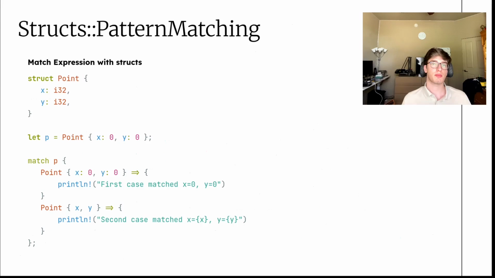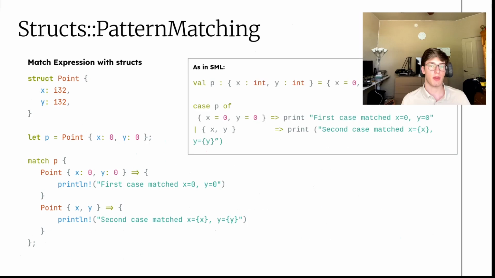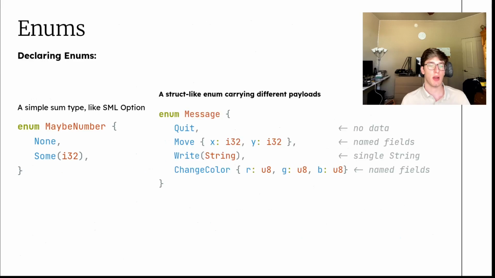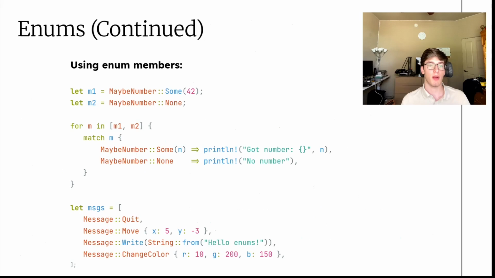So structs also have pattern matching, as you can see here, which is pretty cool. One of the biggest powers of Rust, similar to SML records. And there's also enums, which have fields similar to a datatype in SML.